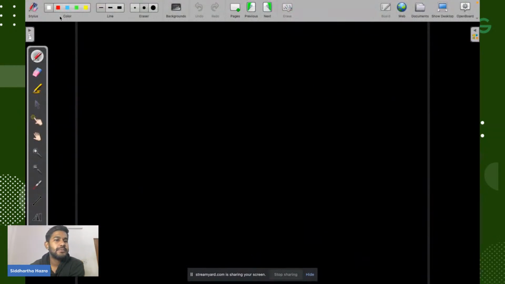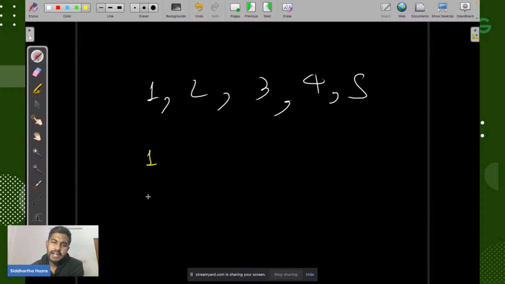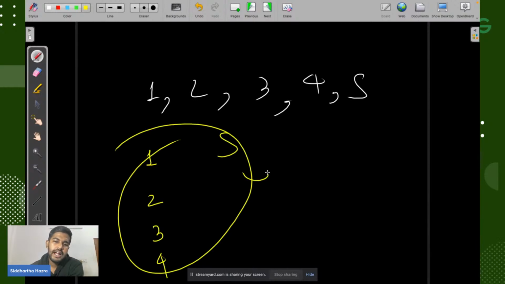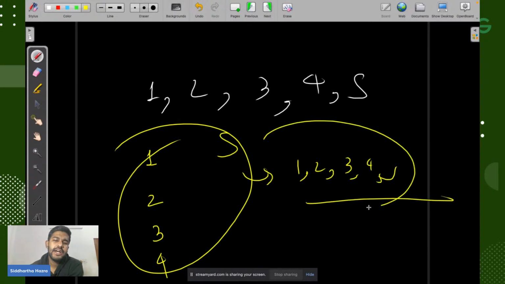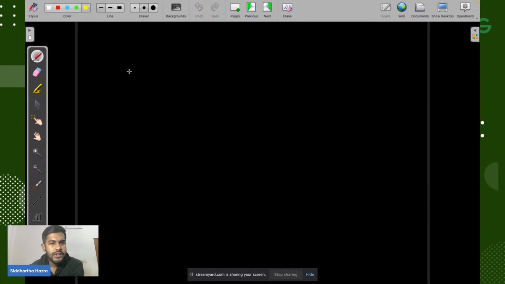So see, suppose the values are 1, 2, 3, 4, and 5. At most 1 means I can take 1 also, I can take 2 also, 3 also, 4 also, and 5 also, and I can take the whole array 1, 2, 3, 4, 5 also. That is why I am simply adding the values at each point. For 1, 2, and 3, I would add 1, then 2, then 3.